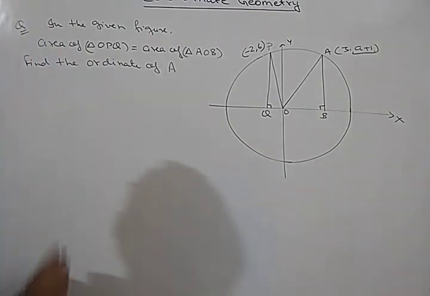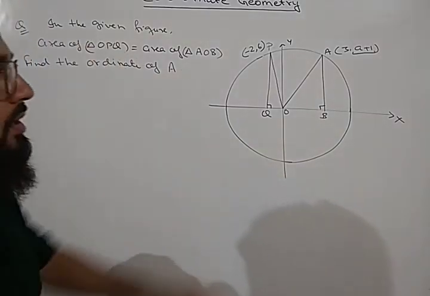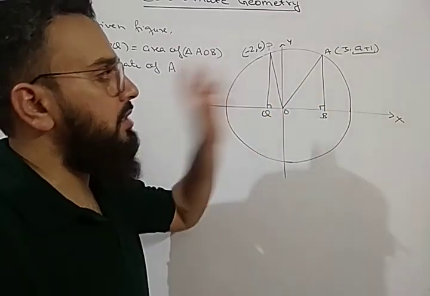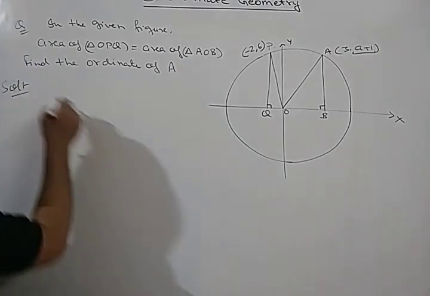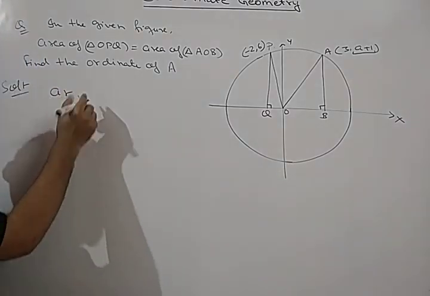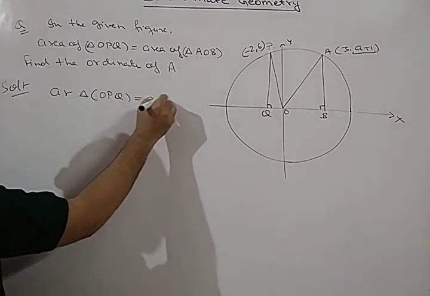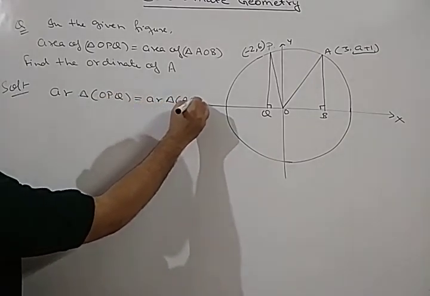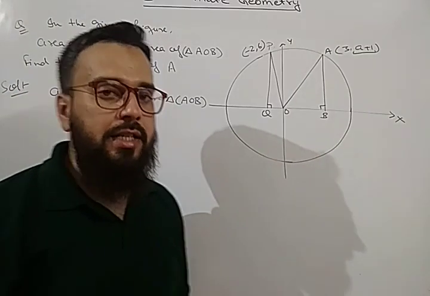So for solving it, we will start with the given term. What is given? We have given the area of these two triangles are equal and both the triangles are right angle triangle. So if we put area of triangle OPQ is equal to area of triangle AOB, then what is the area of right angle triangle? It is half base into height.